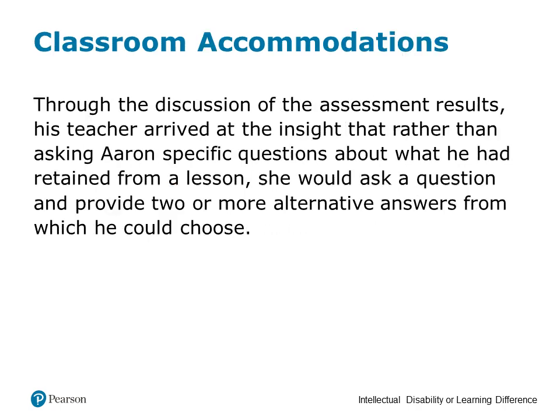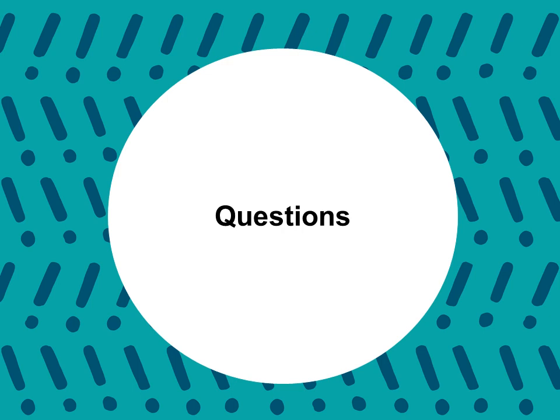And then the important thing that the teacher learned from all of this information is that maybe in order to increase his contributions in the classroom, she would ask him specific questions, and she would provide maybe alternative answers from which he could choose. So thinking about maybe not that free recall paradigm, which we know is a weakness for him, but thinking more about that cued recall paradigm.